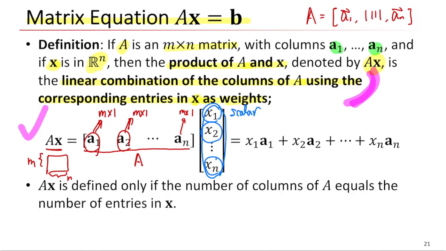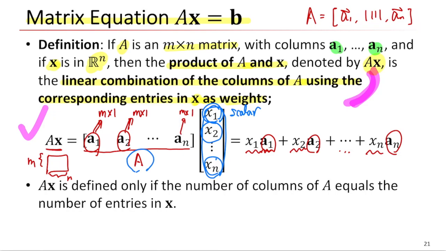And then the scalar values x1 through xn and the matrix A can be represented as x1 times vector a1 plus x2 times vector a2 plus, through xn times an.